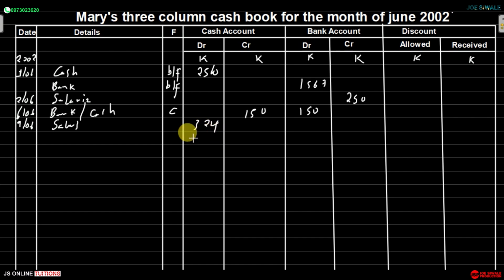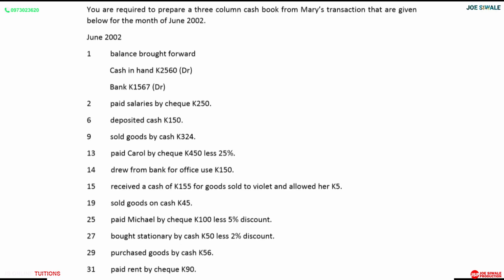Then on the 13th of June, paid Carol by check 450 less 25%. This type of transaction is taking money out of the business. That means that we're going to credit the bank account.